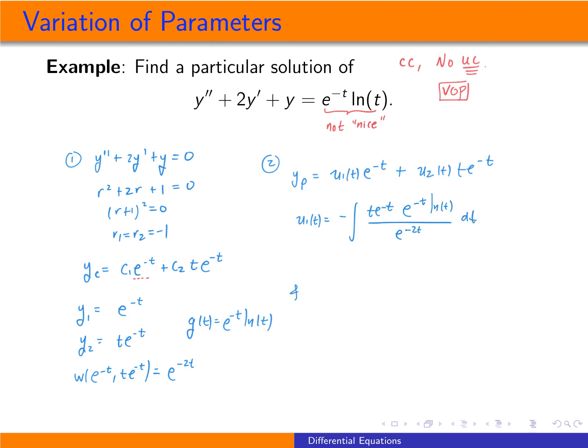And u2 is going to have a similar format. It's going to be the positive, in this case, integral of y1 multiplied by g divided by the Wronskian.